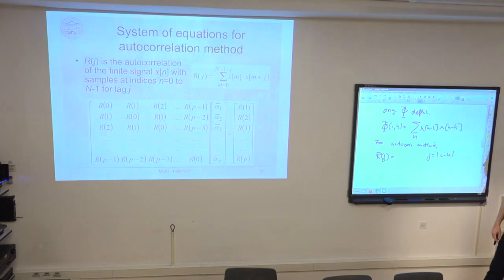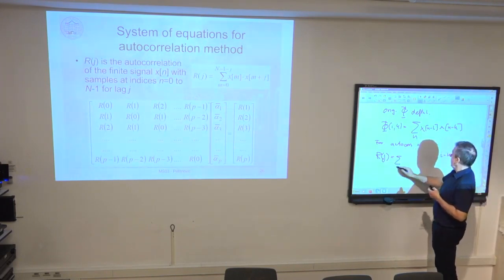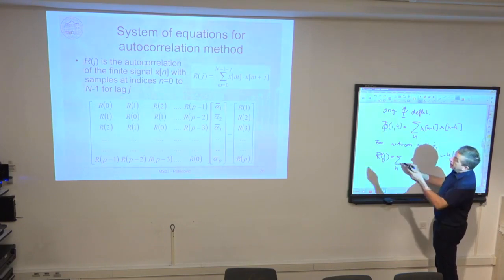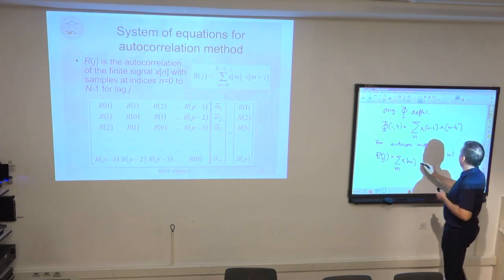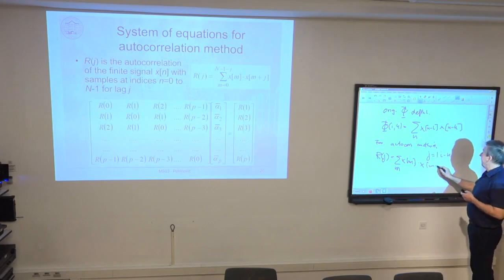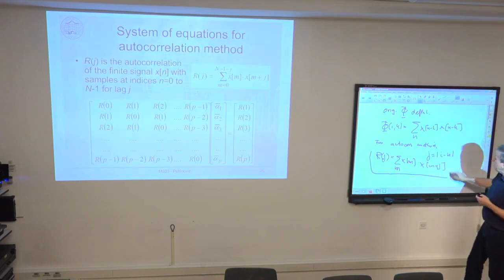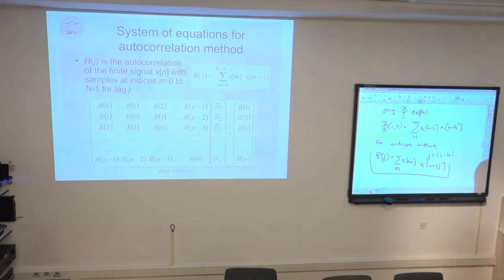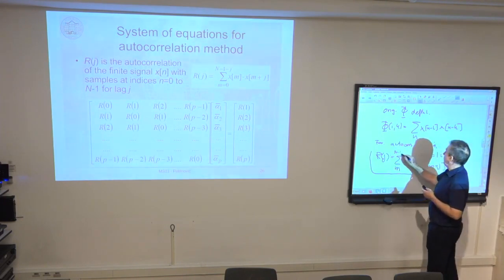As you see from the definition, we have the sum of x of m times x of m plus j. This is the definition of the autocorrelation coefficient. How can I visualize this? This shows two signals.